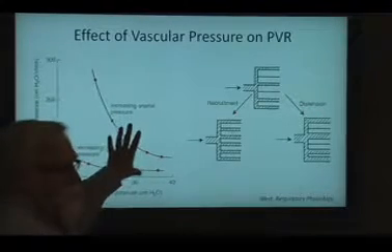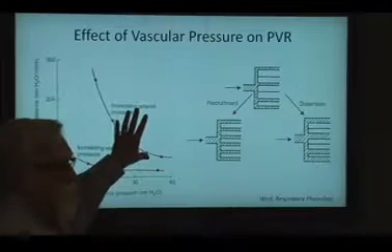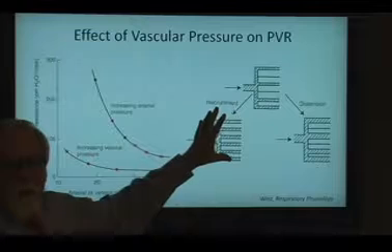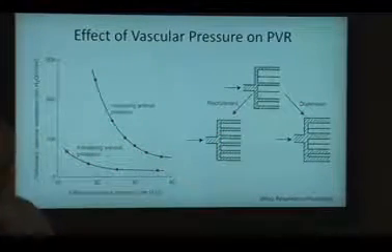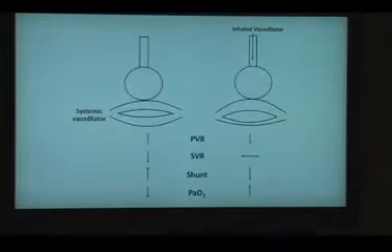So interestingly then, if your patient is volume loaded and the pressure in the pulmonary vasculature increases, the resistance to blood flow, maybe kind of paradoxically at first blush, goes down.